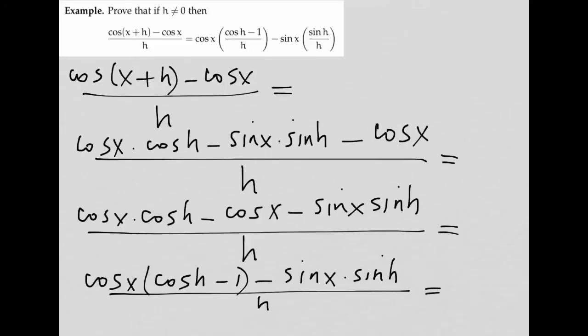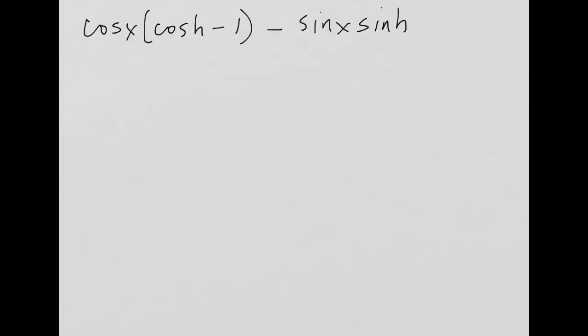So let me rewrite that again. We have cosine x times cosine h minus 1, minus sine x sine h. All of this is divided by h, so we can split that into two fractions: cosine x times cosine h minus 1, all divided by h, minus sine x times sine h divided by h.